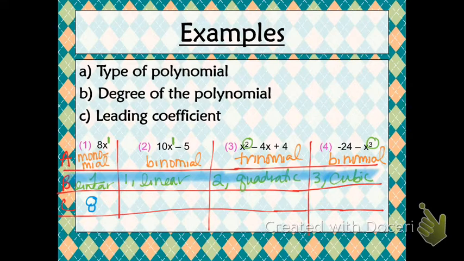For the 10x to the first, the number in front of x to the first is the 10, so that one is 10. X squared, that's like a 1x squared. Remember, if there is no number written in front, then it's a 1. And for our last one, be a little bit careful here. Take the sign as well, so the number in front of the x cubed is a negative 1.